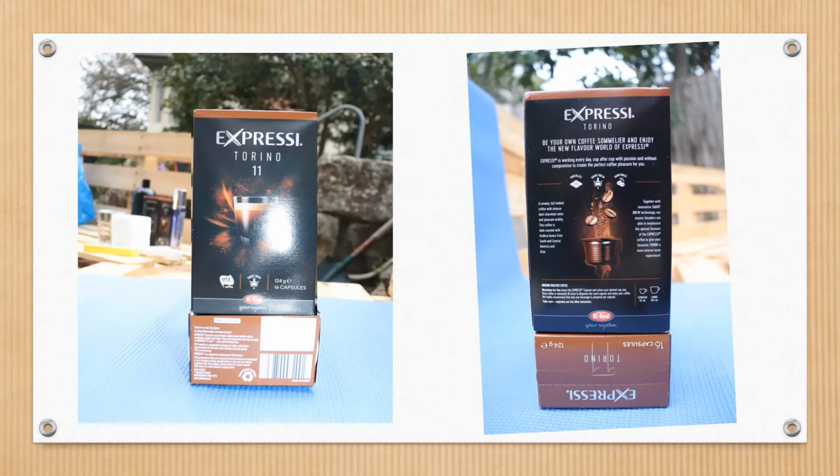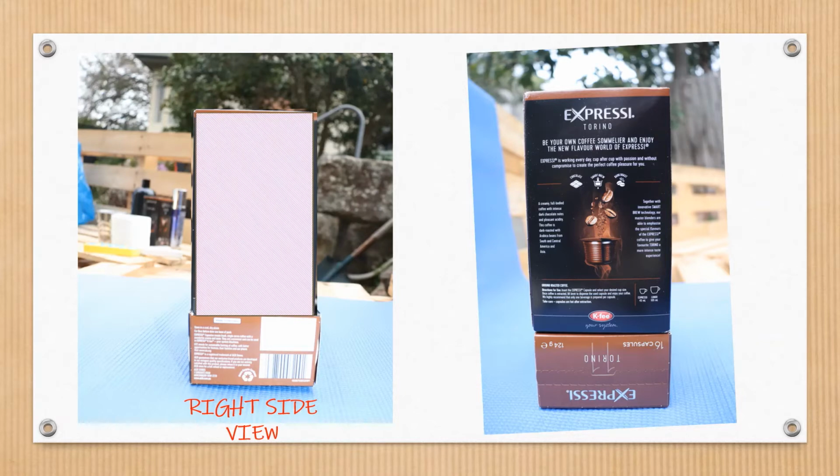So now we're looking at the same L-shaped box, but this time we're looking from the right side and from the left side. On that right side, the top section of the box is back further than the bottom section of the box. So there's the top section, but that right side face is shown, and there's the bottom section of the box and the right side face shown.